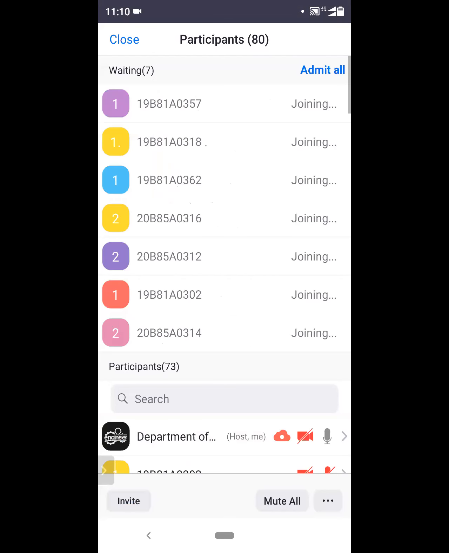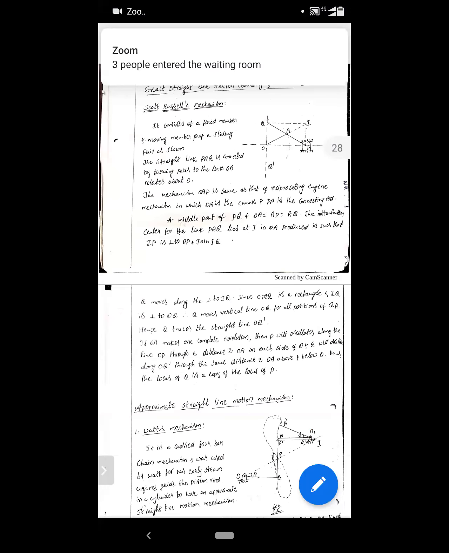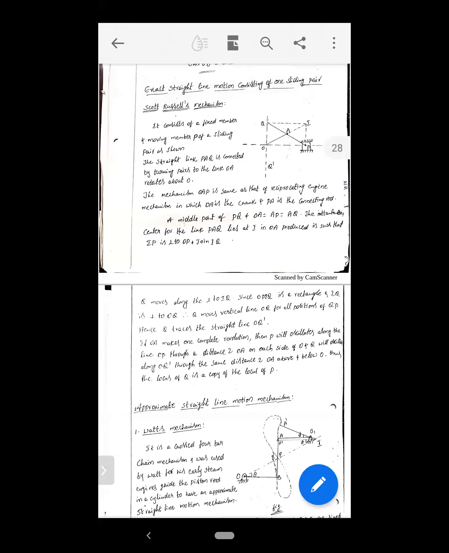So what are the links there? O is the fixed link. At O we have the fixed link, and PQ is there, and OA link is there. How many links are used in this particular diagram?